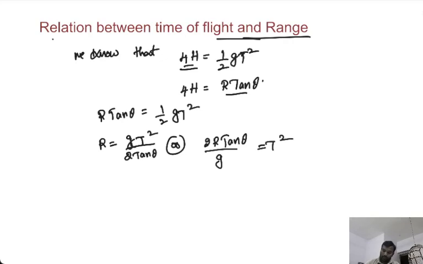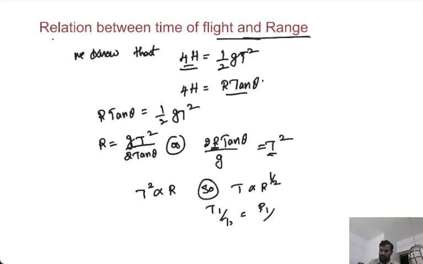So now you observe this t and R relation: t square is directly proportional to R. So t is directly proportional to R power 1 by 2. Then t1 by t2 is equal to R1 by R2 whole power 1 by 2. This is the ratio between time of flights and the relation between time of flight and range.